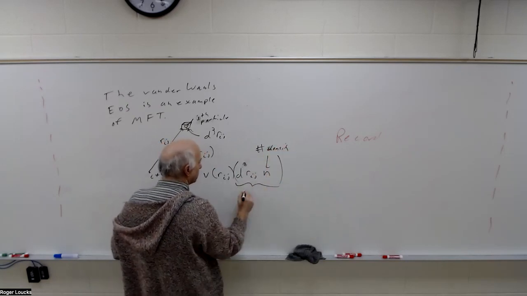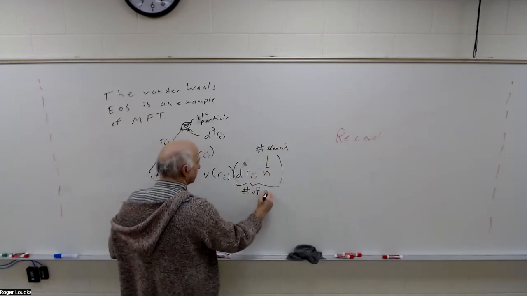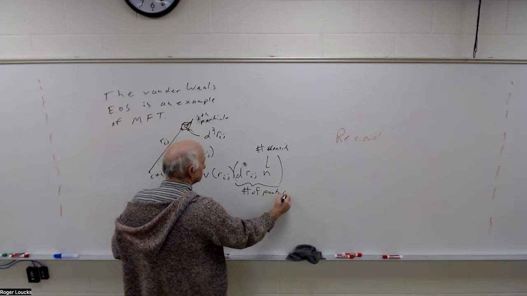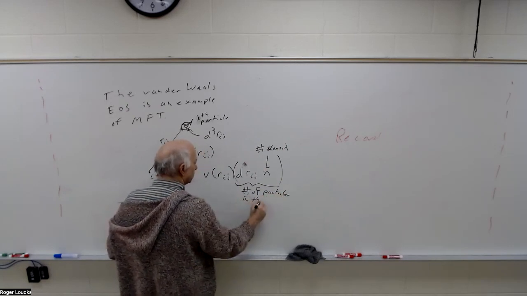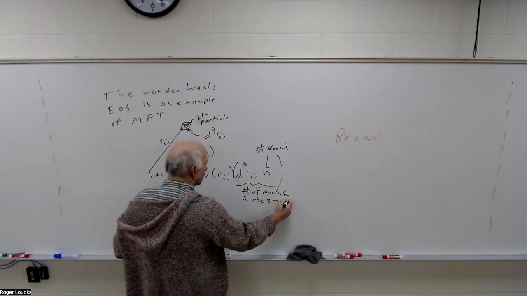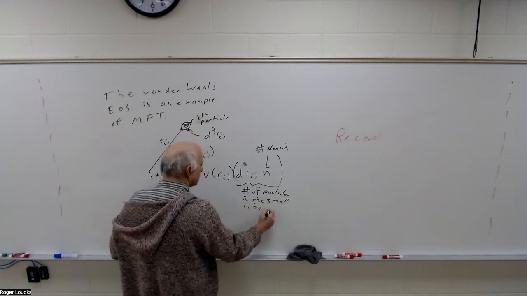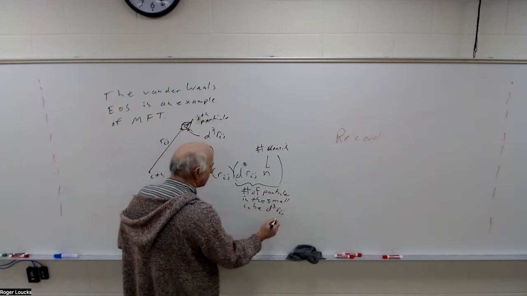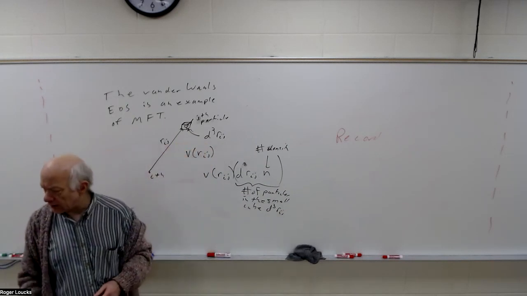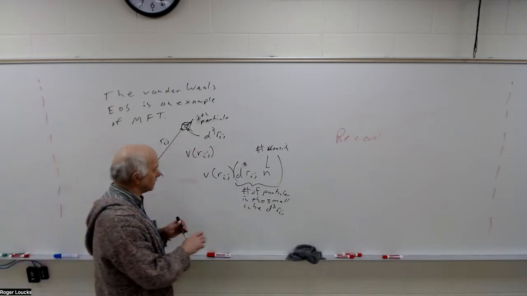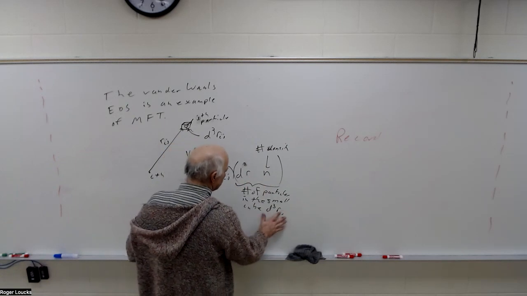This is the number of particles in the small cube d3r. Did I call it d3Rij or just d3r last time? d3r, okay, so get rid of the j, sorry about that. Try to keep the same notation.